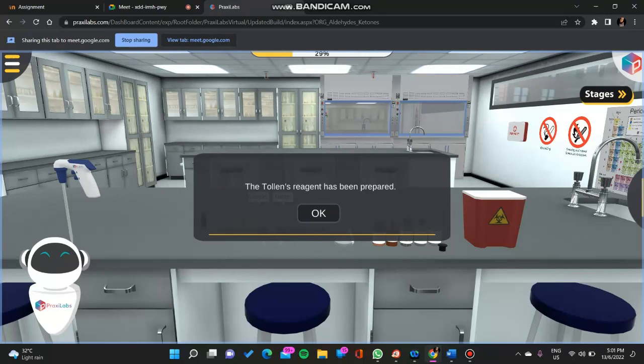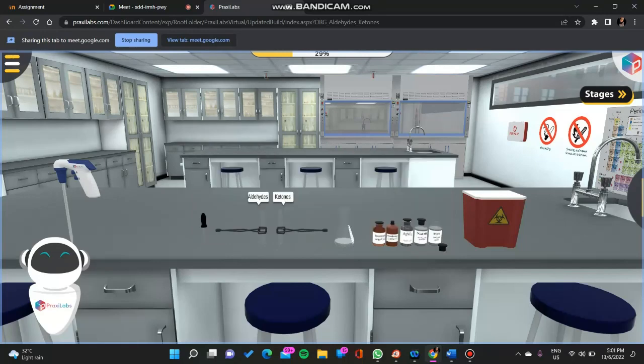Okay, the reagent has been prepared. So now we're going to add benzaldehyde in each tube.